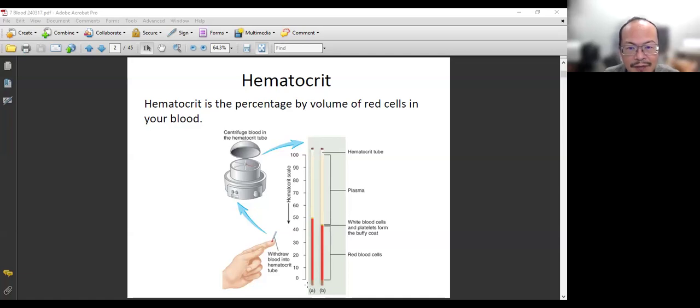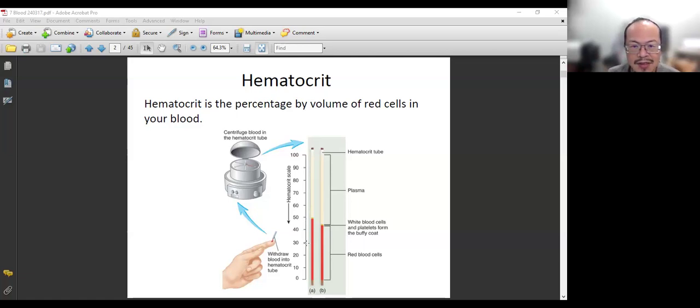What we also very commonly see, the dramatic difference that you can see here, is that you have a segment that is red and a segment that is transparent. This red segment is composed of compact red blood cells.